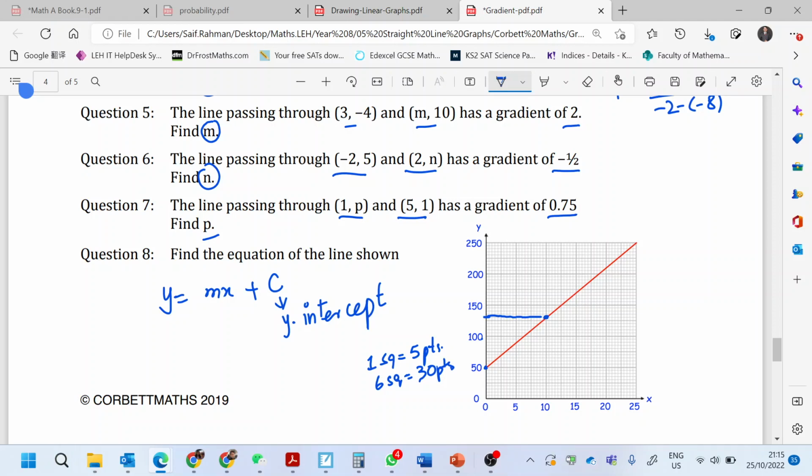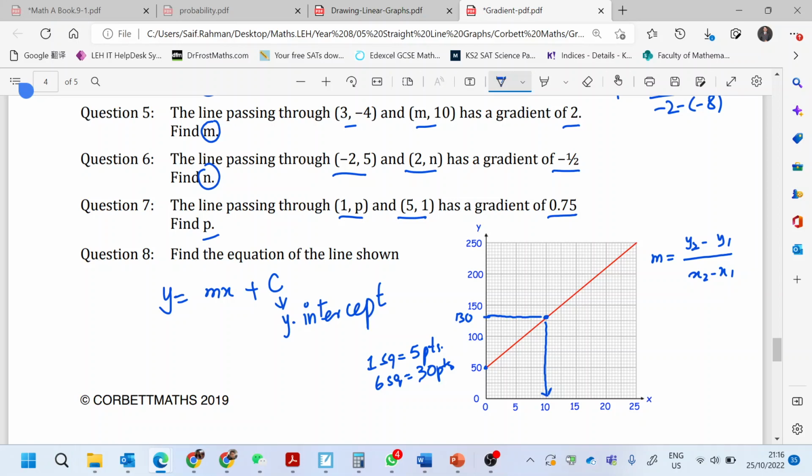So that means 130 is here, and here it's, we already know, 10, right? So now we can find the equation of the line. m is equal to y2 minus y1 over x2 minus x1.